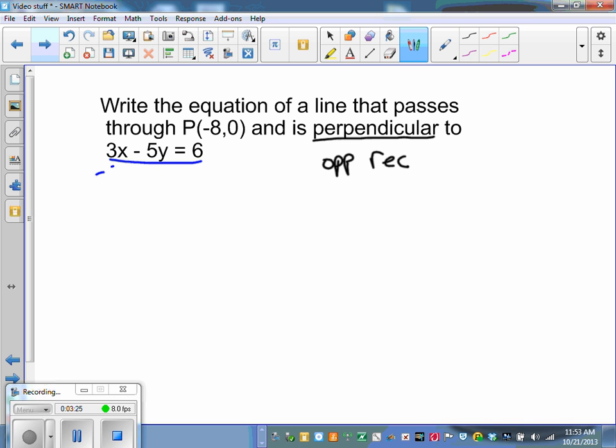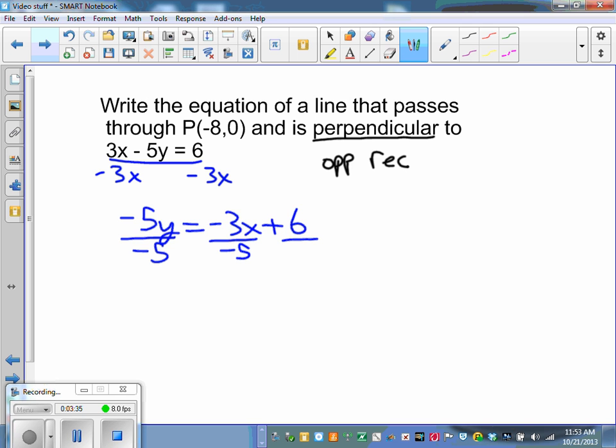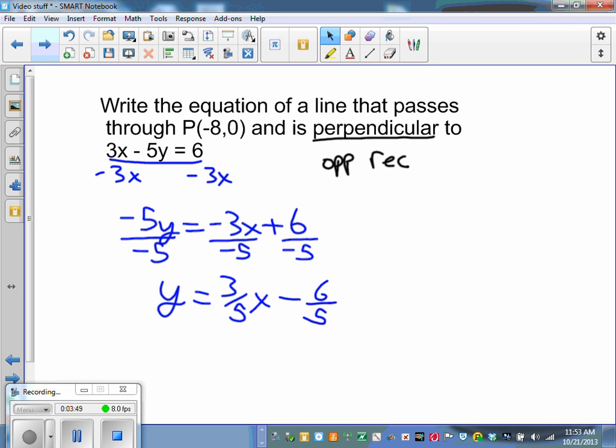So we are going to subtract 3x on both sides. -5y = -3x + 6. Divide by -5. Okay, we're solving for y, that way we can get this as slope-intercept, so we can find my slope. Now in this case, my slope is 3/5.